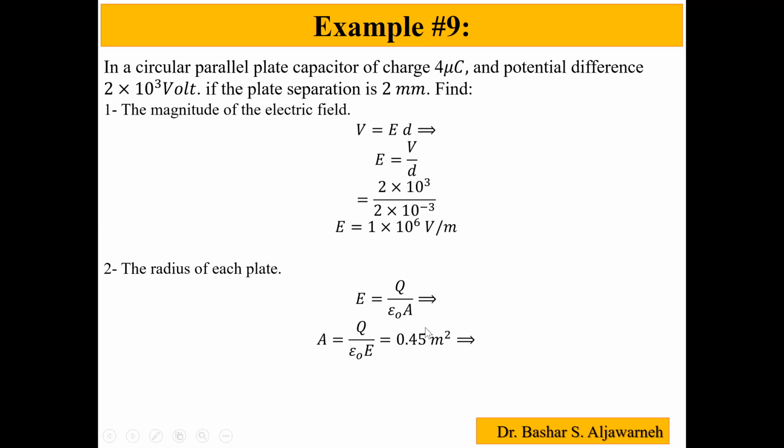Therefore, since we are talking about circular plates, we know the area is pi r squared. So from here, we can calculate the radius. Even if I ask you to calculate the diameter, you need to calculate the radius using this procedure. Then the diameter equals 2 times the radius.